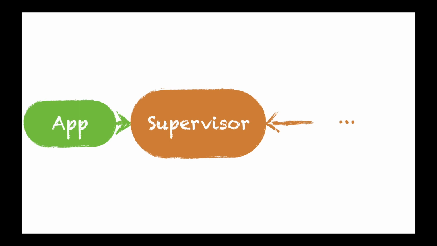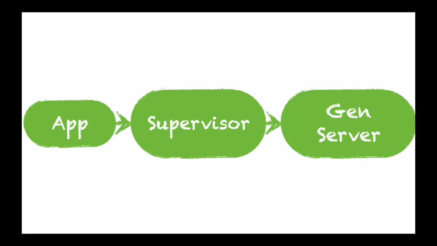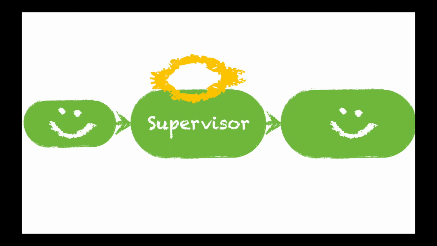Because the supervisor can get notified and it can restart the server in the last known good state. And so then the server can be happy and the application can be happy thanks to our angel, the supervisor. And Joe Armstrong is most certainly happy too. Thanks to Joe and Robert Virding and Mike and the whole team at Ericsson that built this software for us.